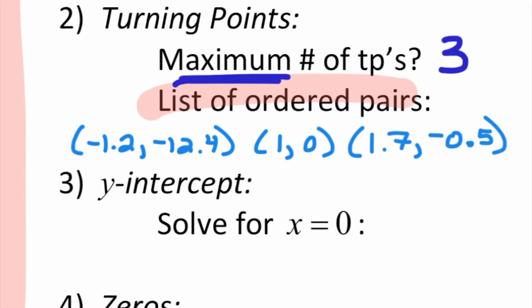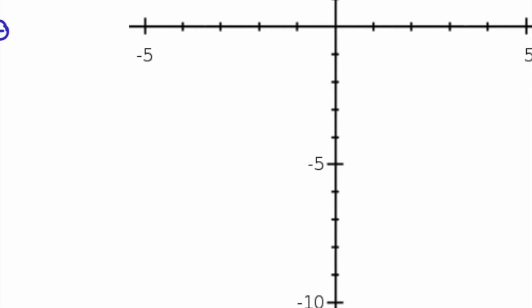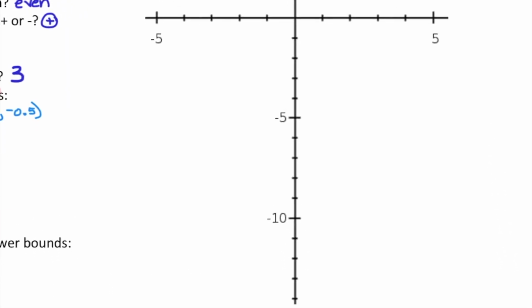And I'm going to take those 3 points and graph them over here. So negative 1.2 and negative 12.4, and this is a little bit hard to do on the iPad. Let's try to put that right about there. And (1, 0), that's not hard to do.